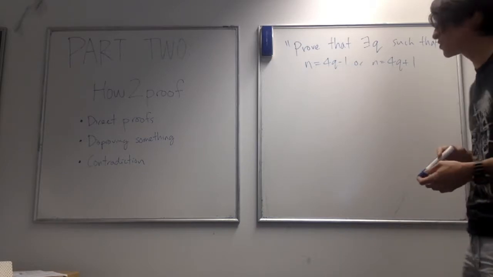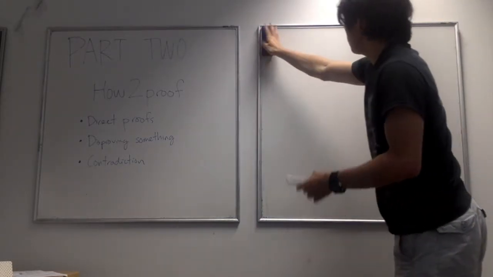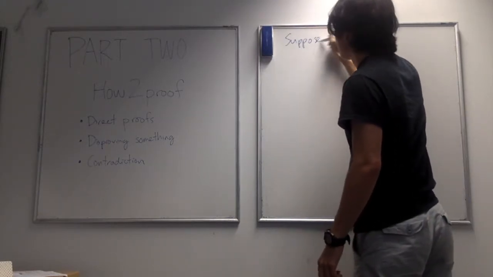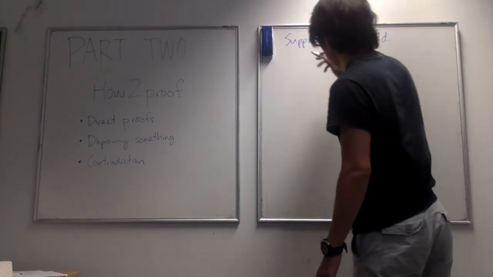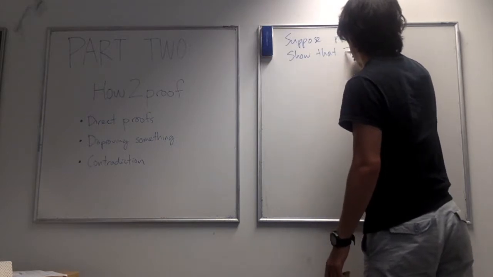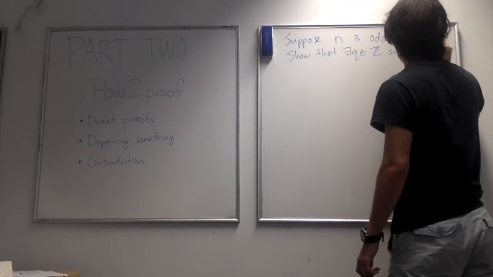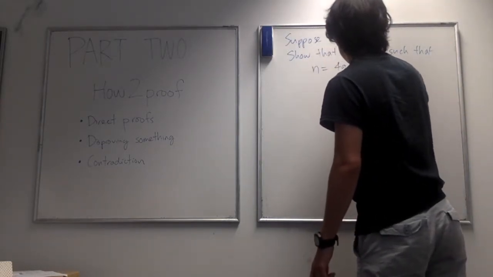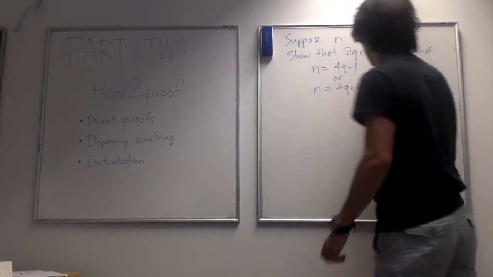Actually, I just remember the question, so I could probably just do the whole thing now. All right. Suppose n is odd. Show that there exists q in Z such that n equals 4q minus 1 or n equals 4q plus 1.